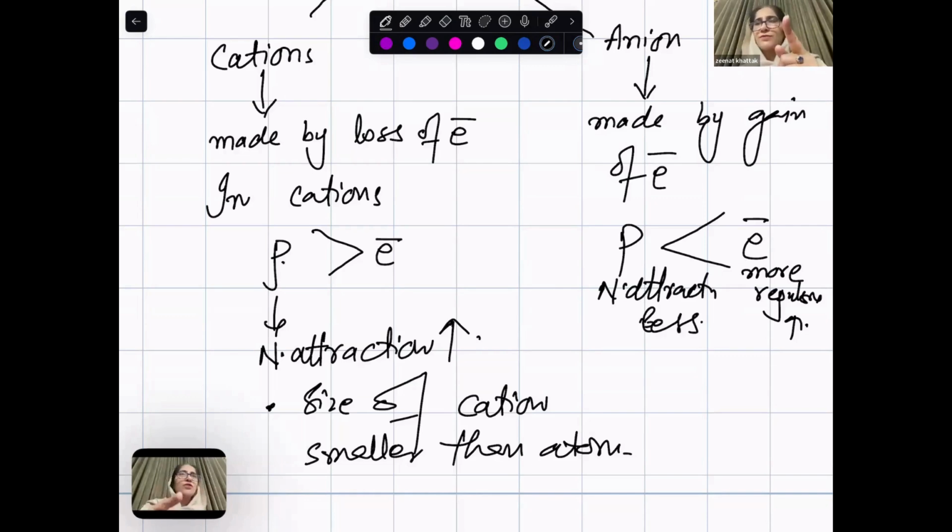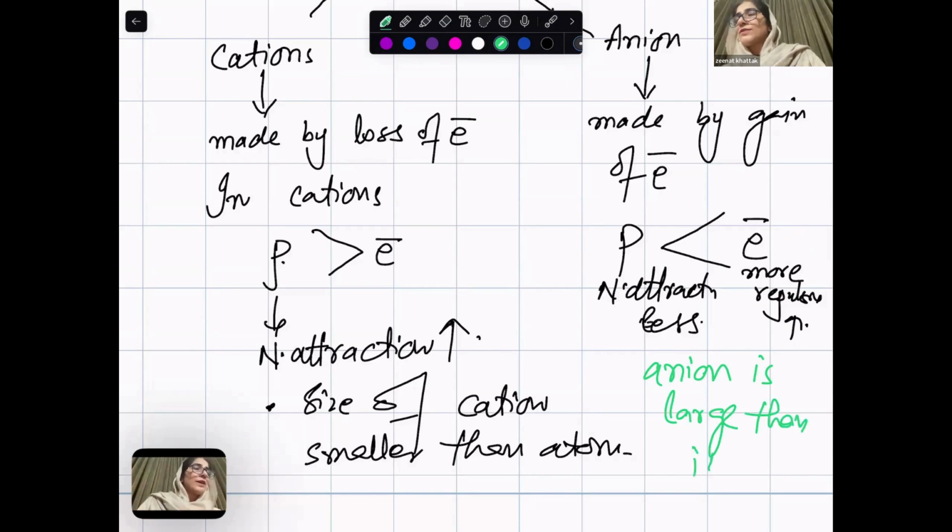When electrons are more, the repulsion is more, the attraction is less. To minimize repulsion, the electrons move a bit far apart. The size of an ion is bigger. An anion is larger than its atom.